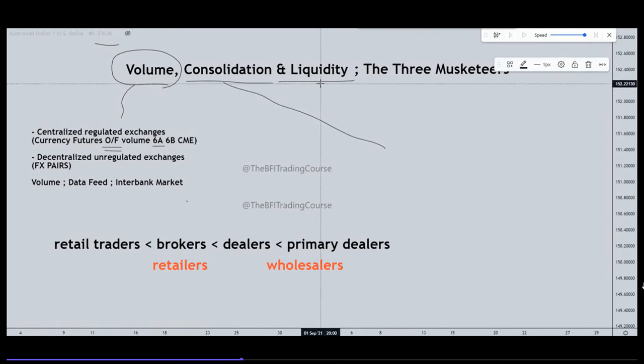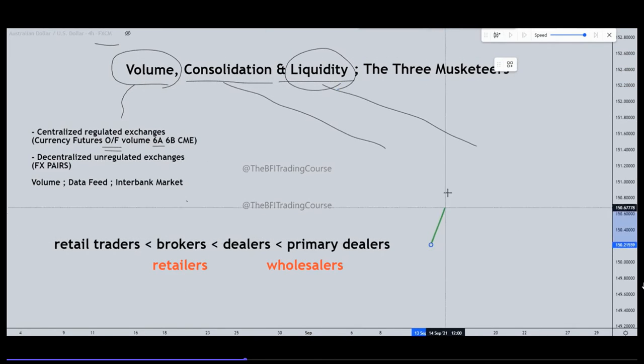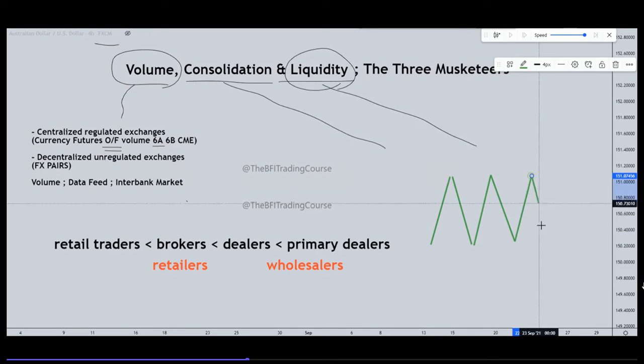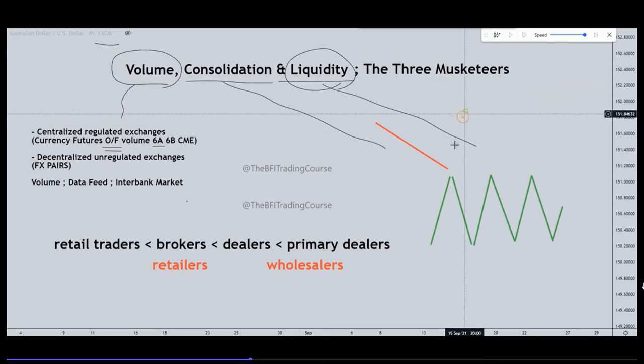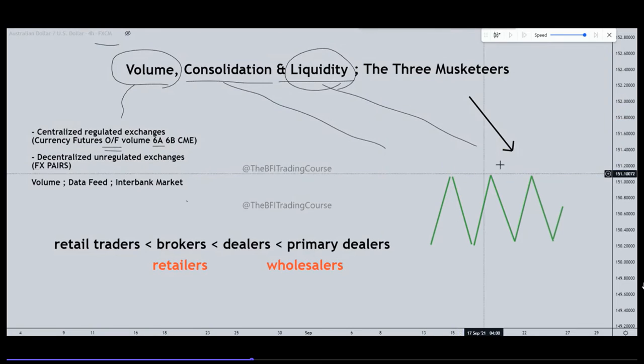But before that, let's talk about liquidity, which just means orders. Okay, but think about this. When you have this kind of consolidation, somehow magically you have what happens? Who tends to maybe sell resistance?